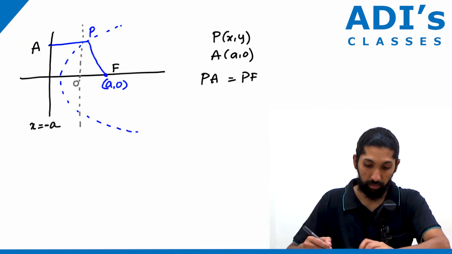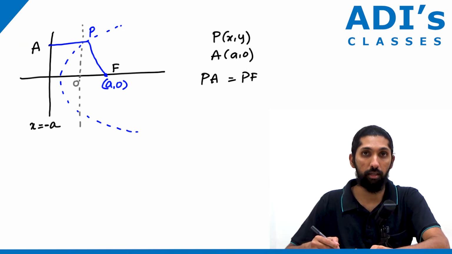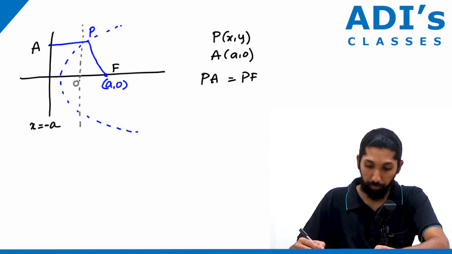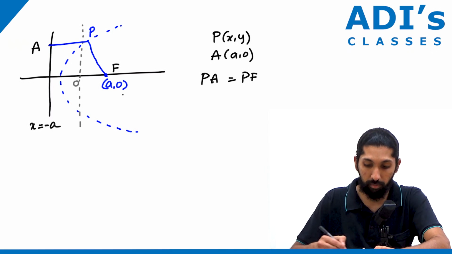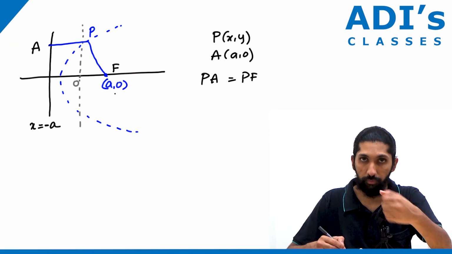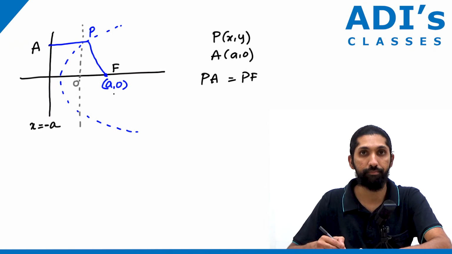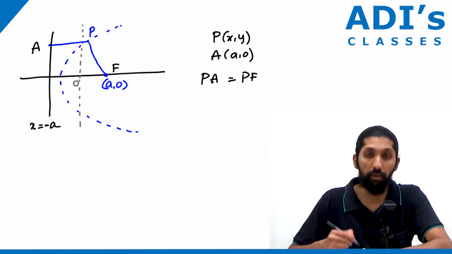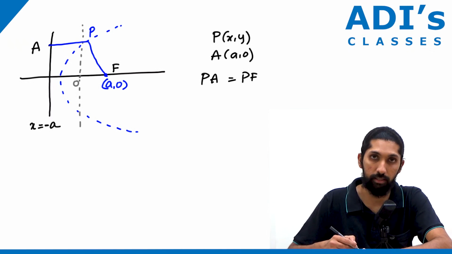To calculate the PA value, we'll have to adjust a little bit here. Okay, we'll look into that. But PF is very easy because P is (x, y), F is (a, 0). Very easily you will get the value. Correct? But here, the A value also we can calculate very easily.